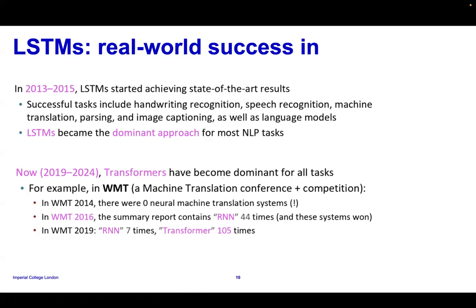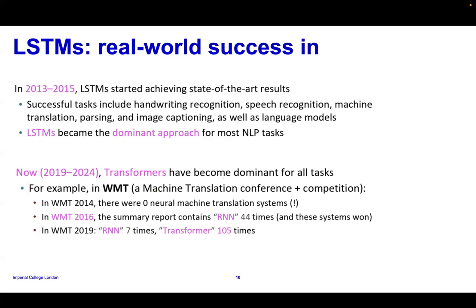So maybe there were statistical machine translation systems. But in 2016, the summary report contained RNN 44 times. So in those days, you can see RNN was very good.